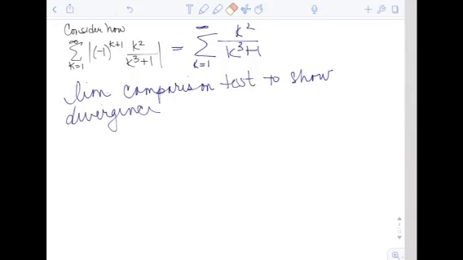So again, if you ignore any of the noise here and you focus on the highest powers in the numerator and the denominator, k squared over k cubed plus 1, that would imply that you should compare to 1 over k.